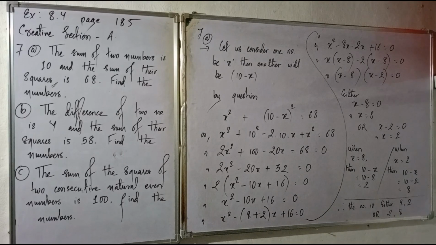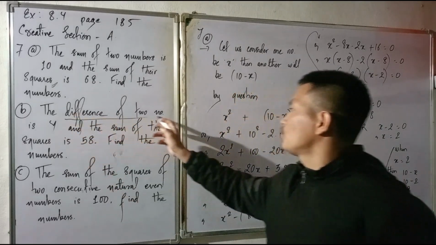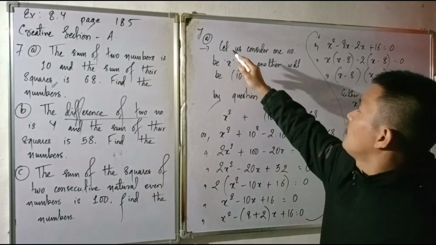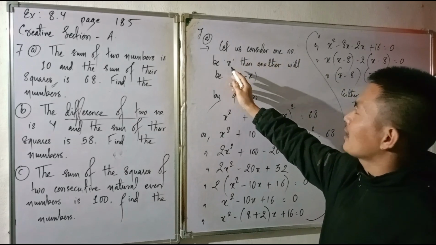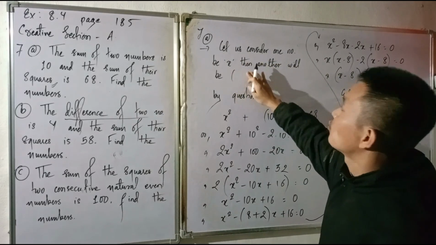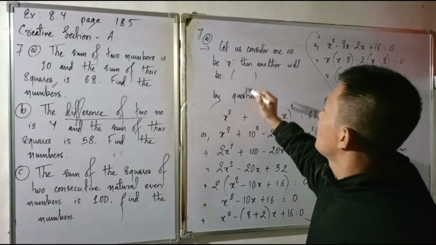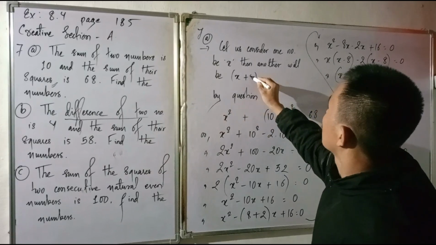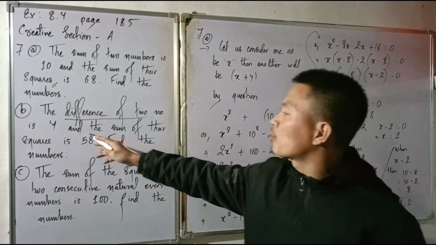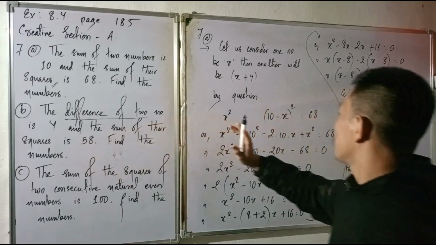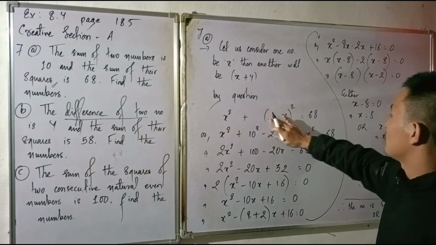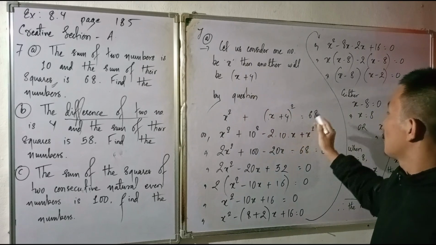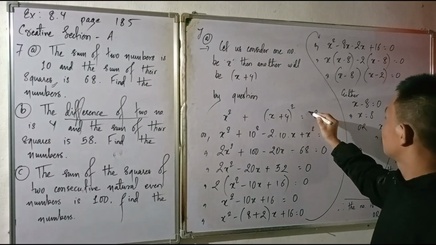As I have already told you, if you consider one number x, then the other will be x plus 4, because in case of difference we have to add. By the question, the sum of their squares is 58. One is x and the other is x plus 4. Now instead of 68, you write 58.